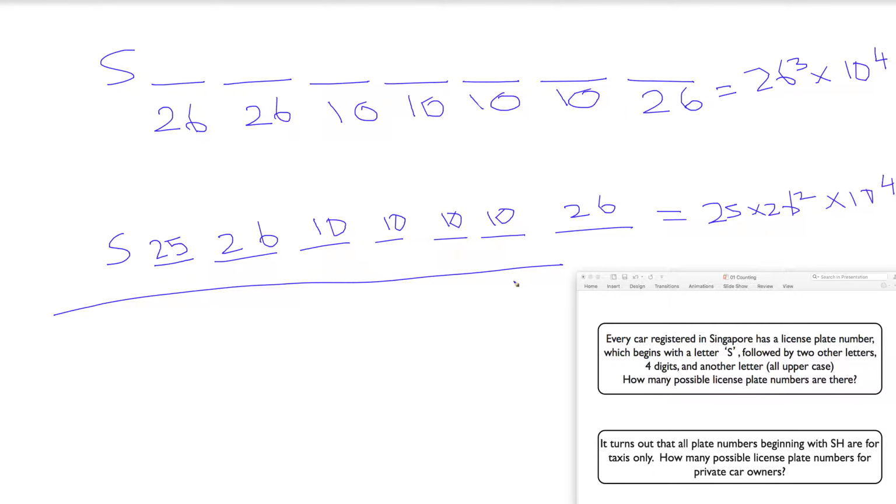A different way of considering the problem is that, by the application of the product rule and sum rule together, we can see that the total is the same as the taxis plus the private cars.